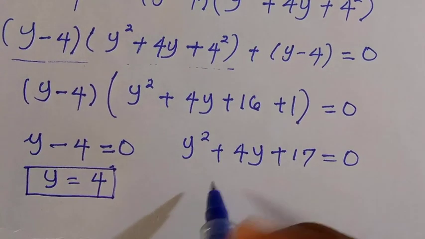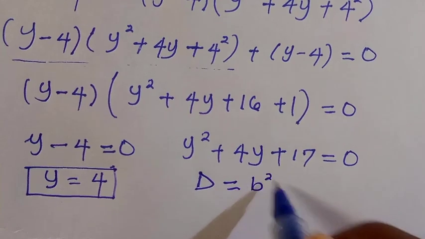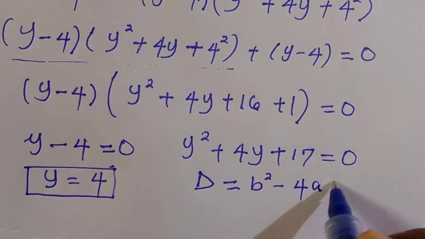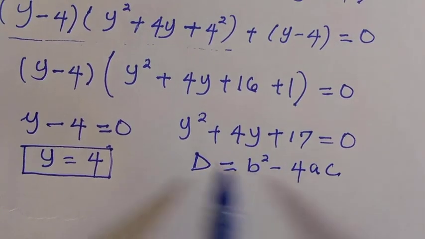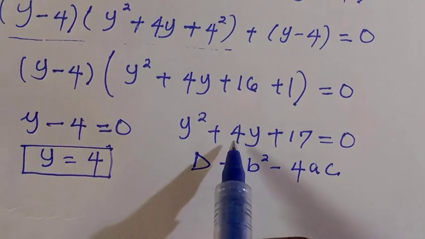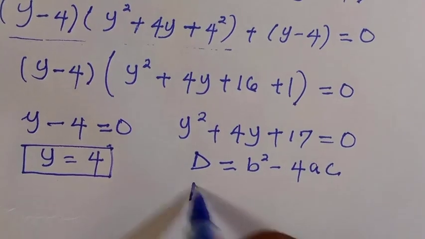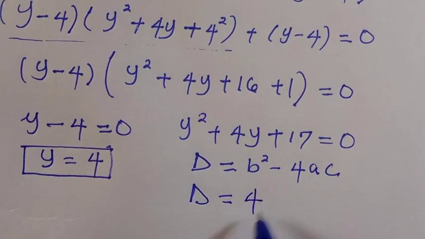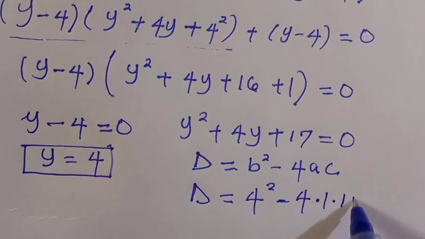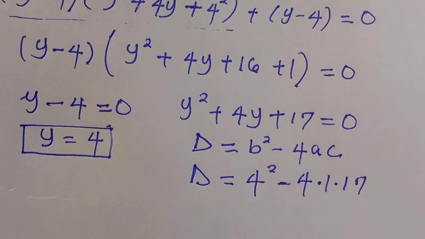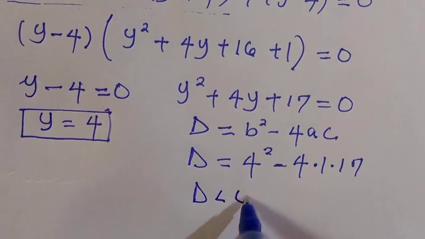If the discriminant is given as d, which is b squared minus 4ac, and from here a is 1, b is 4, and c is 17. By plugging it in, we have 4 squared minus 4 multiplied by 1 multiplied by 17. So the whole of this will be negative, which means the discriminant is less than 0.